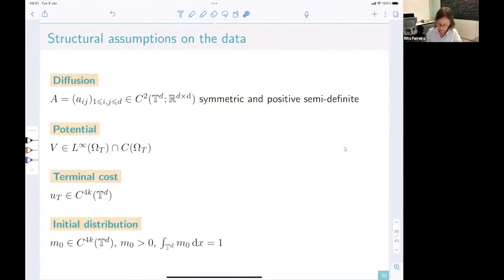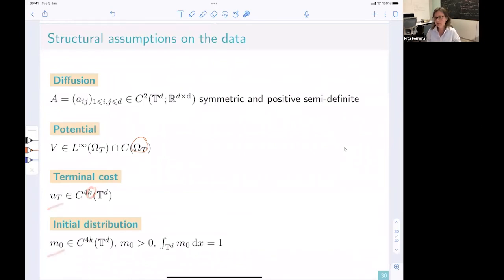Assumptions, like I said, I said this before already. The matrix of the diffusion coefficients is symmetric, positive semi-definite. We assume that our potential that encodes the time and spatial preferences of the agents is bounded and continuous in our time-dependent domain.